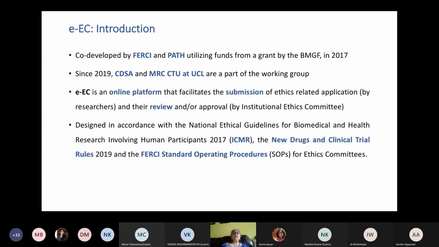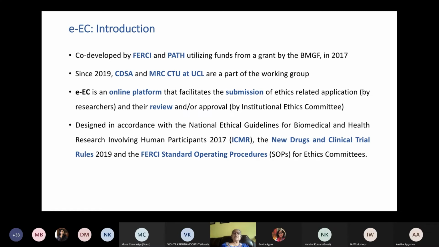The EEC, as is proudly known, was co-developed by FERC and PART, utilizing funds from a grant from the Bill and Melinda Gates Foundation in 2017. And since 2019, CDSA and the MRC CTU at the UCL, that is in London, are a part of the working group.